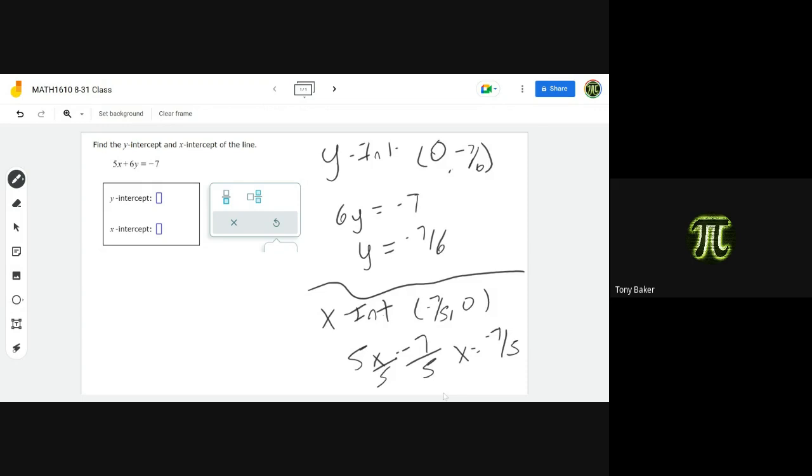So what's your range? Yes. Y is your outputs, which is typically your y. All right. When you're looking at interval notation, the parenthesis is not included.